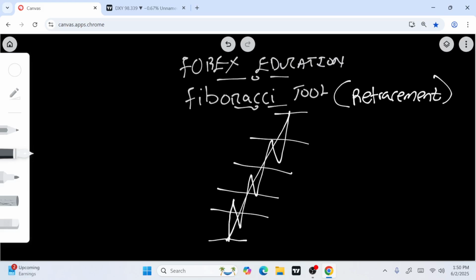But how you place them is what matters. You place it from an obvious low to an obvious high, and each ratio within that vertical line stands as support and resistance. Are we following?